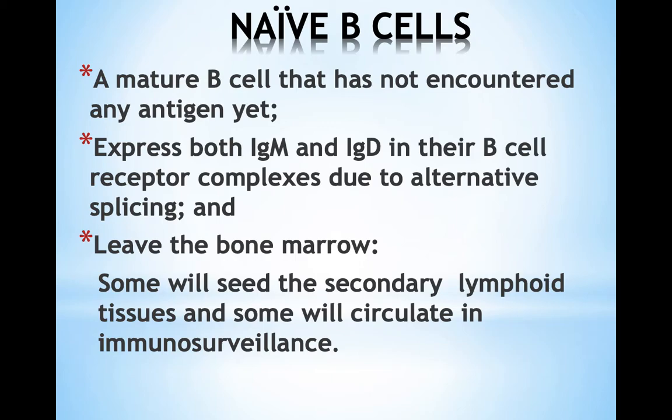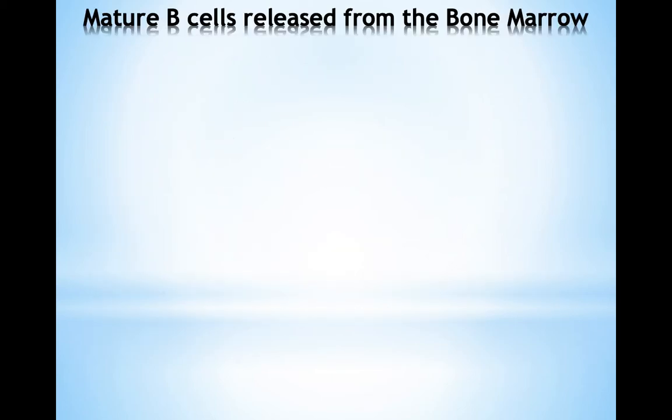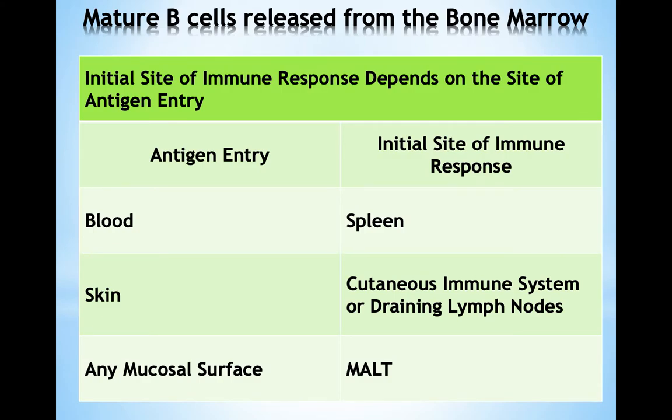So after leaving the bone marrow, so once that they're mature, no, we expect that some will seed the secondary lymphoid tissues and some will circulate for immunosurveillance. In the sites where they are deposited, these B cells contribute in the immune response that will depend on where the antigen initially entered. So here we can see that the initial site of antigen entry will dictate where the initial site of immune response will be.